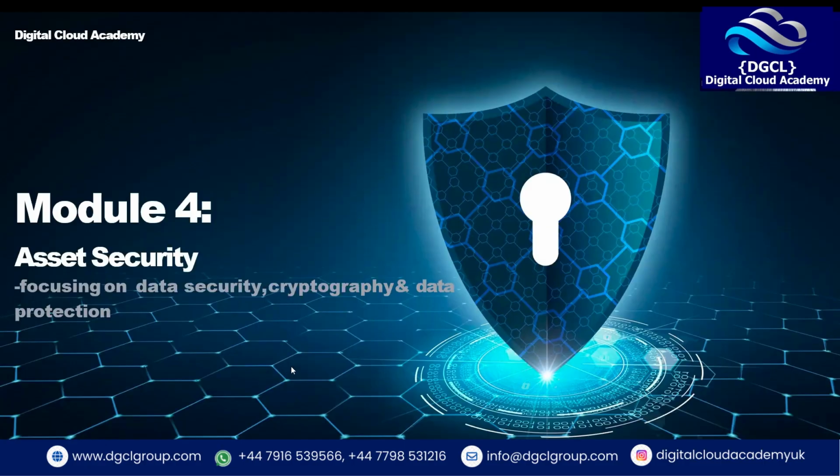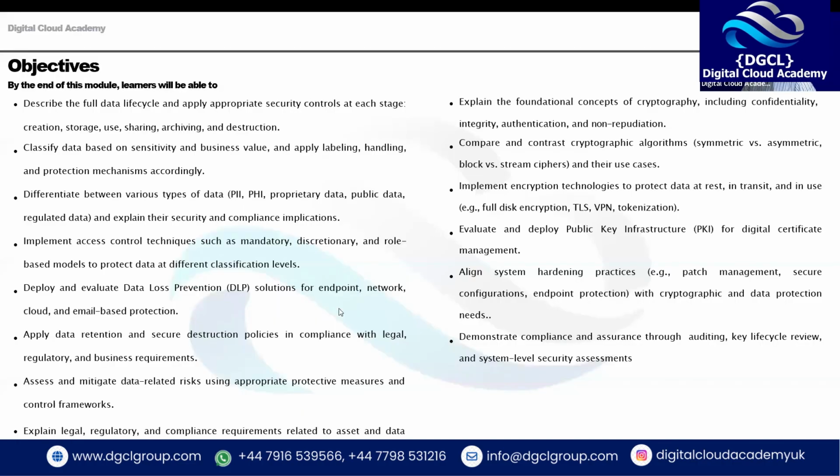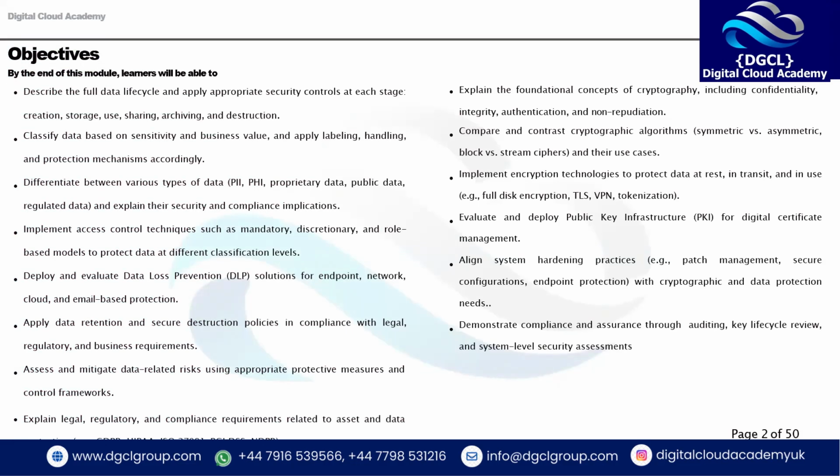Module 4, we're talking about asset security with a focus on data security, cryptography, and data protection. So, we've established what an asset is. That asset is anything of value to an individual or an organization. Because of how broad asset classes are, I'm not going to be talking about physical security of physical assets and all of those.